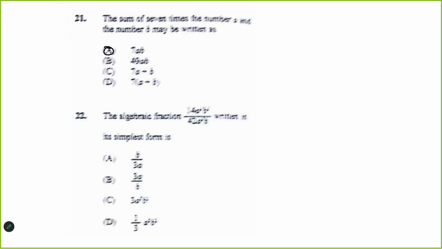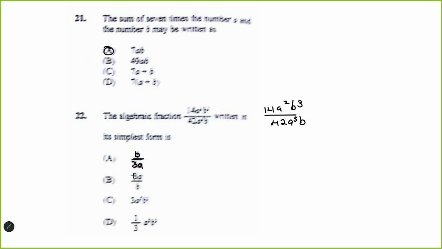So the question is 14a squared b cubed over 42a cubed b, and the first answer was b over 3a.